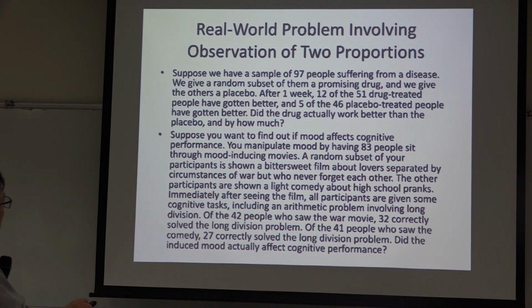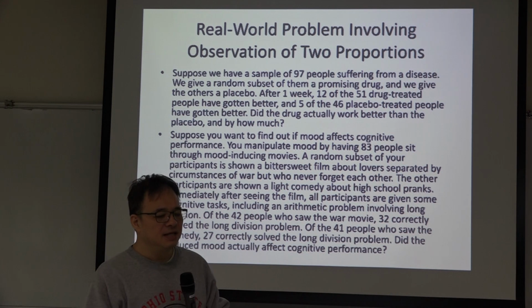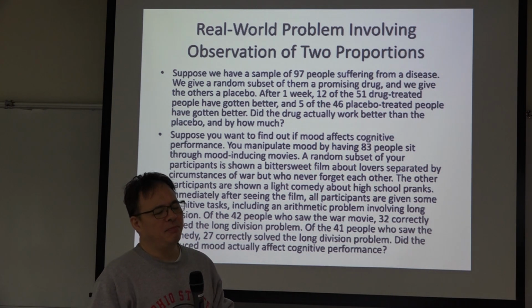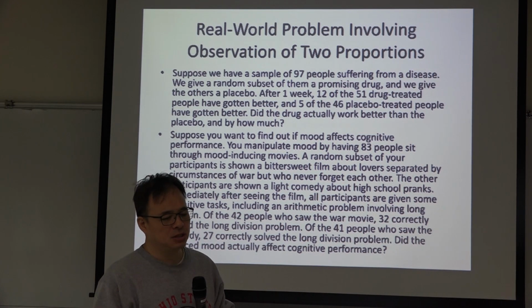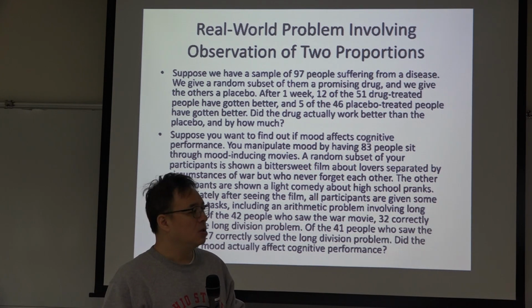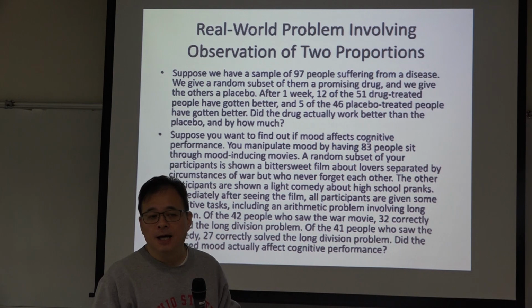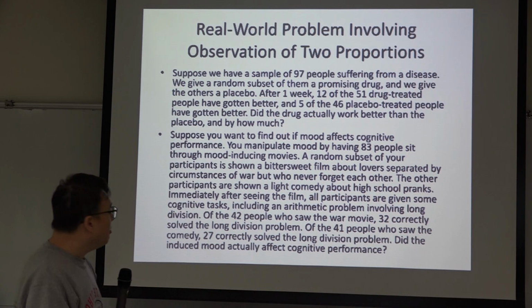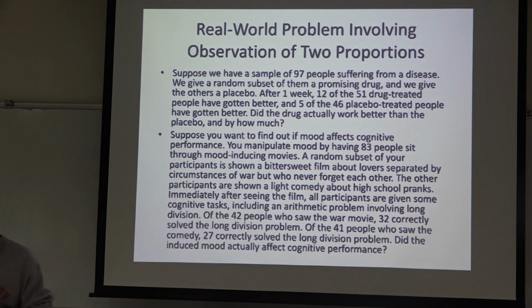So the question here: did the drug actually work better than the placebo? Basically, it means that we want to estimate the biases of these two different coins, and by how much.